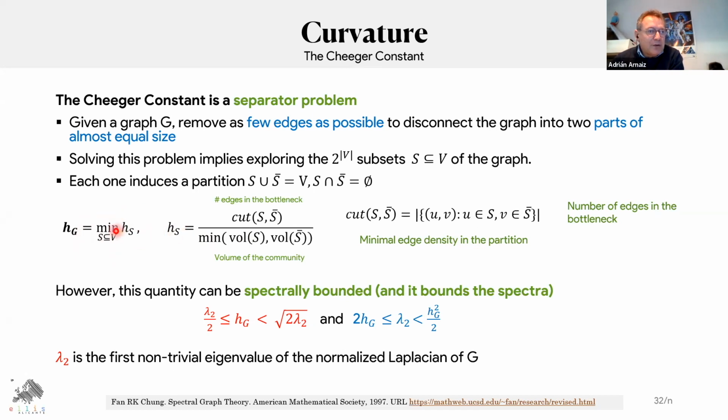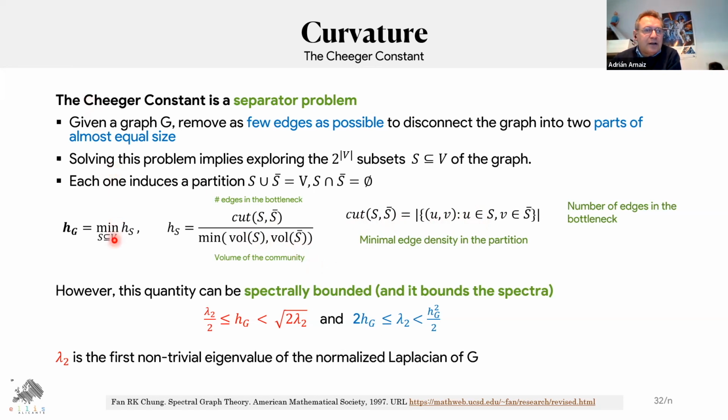A particular h_S is the ratio between the cut, which is the number of edges going from one partition to the other, divided by the minimum of the volumes, where the volume is the sum of degrees of the nodes in each partition. So this is the description of the cut.